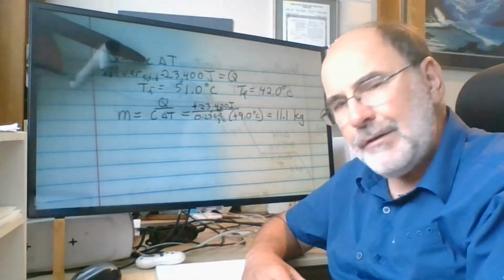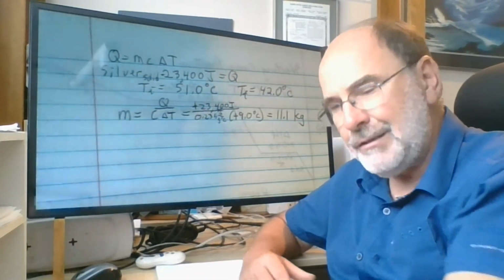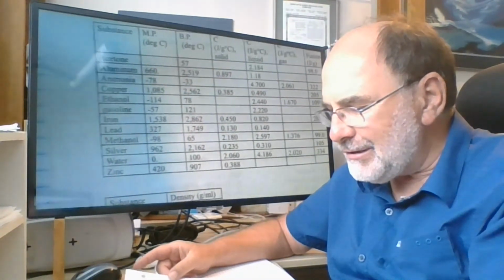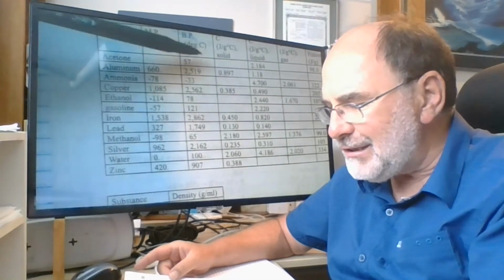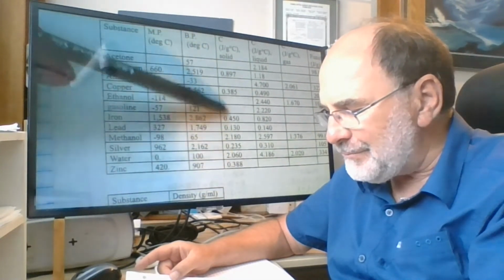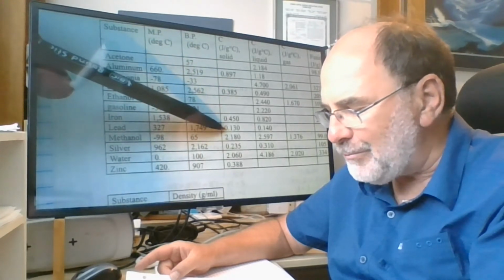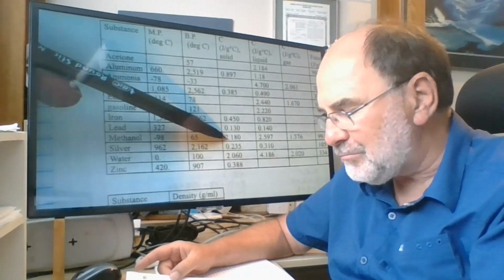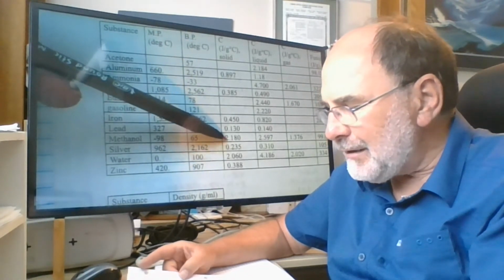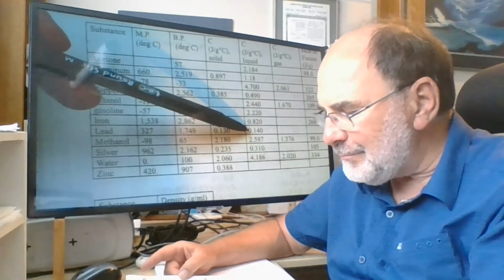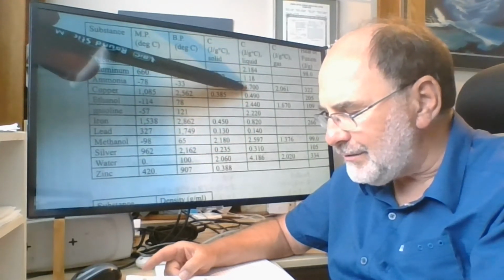Next, I want to solve for some unknown substance. And here's where I can be totally off the chart, literally. On this chart, the specific heats for some solids are listed, and they're from something as low as 0.1 to something as high as 2.2-ish. In the liquid state, it's from about 0.1 again, but it can go as high as 4.7.